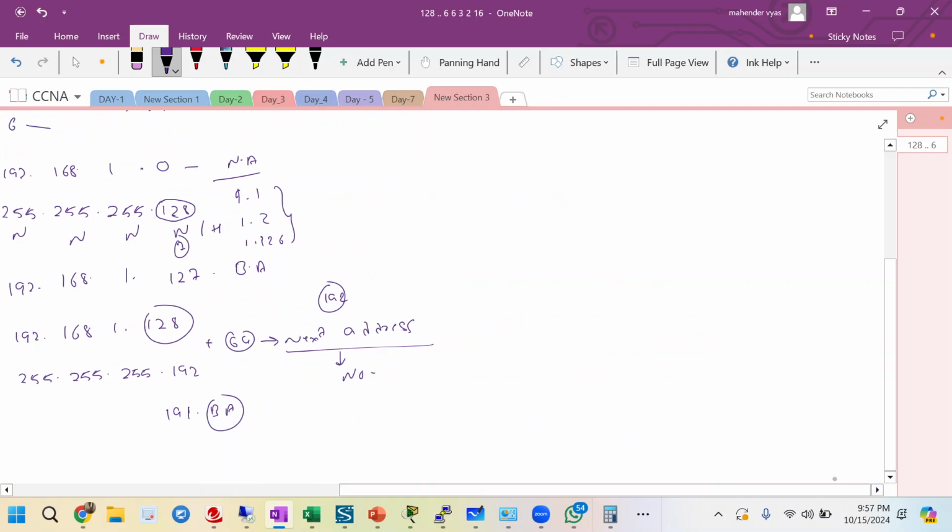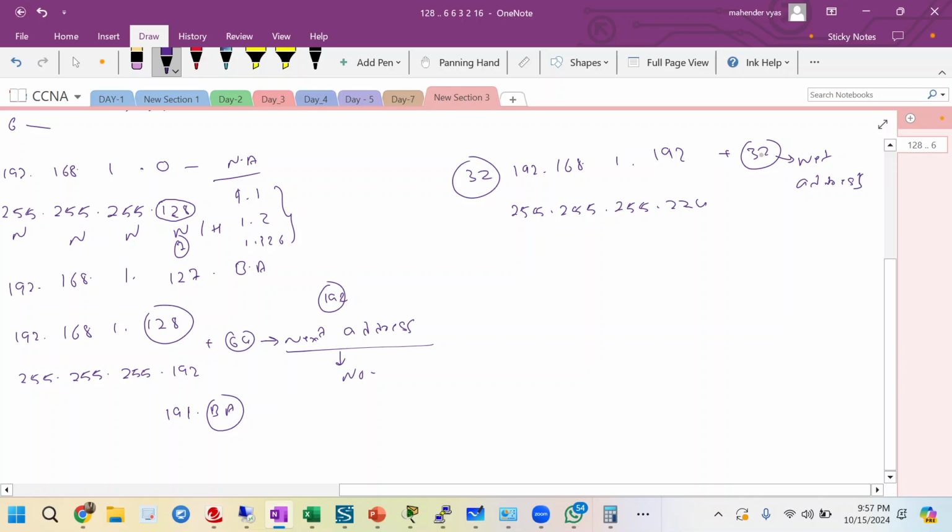Okay, now I will use it for 32 users. So after 192, what is my next address? I got 191, I got 192. Let me write down a subnet mask 255.255.255.224. Correct? So 224, that means 192.168.1. After 191, I got 192. 192 plus 32, this would be my next address.